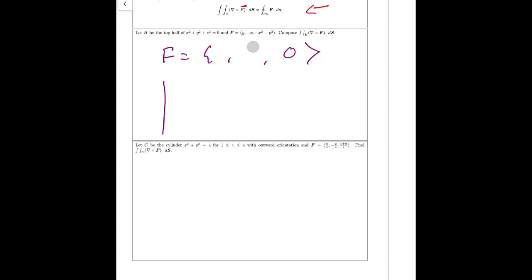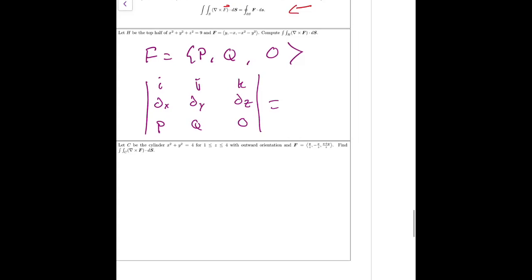And actually, instead of using F1 and F2, let me use P and Q to make this consistent with the notation. So this is i, j, k, partial x, partial y, partial z, then P, Q, 0.